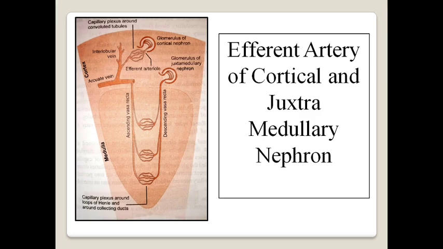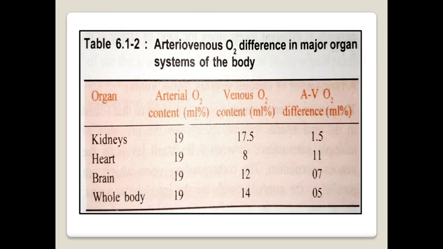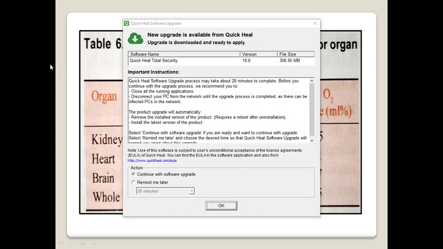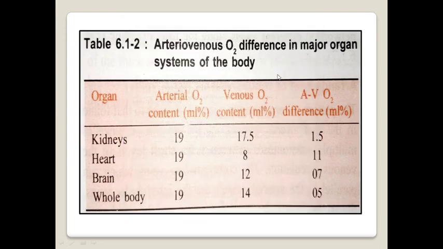Now come to the characteristics of renal blood flow. You have to remember that in basal conditions, the kidney gets blood supply of approximately 1200 ml per minute.